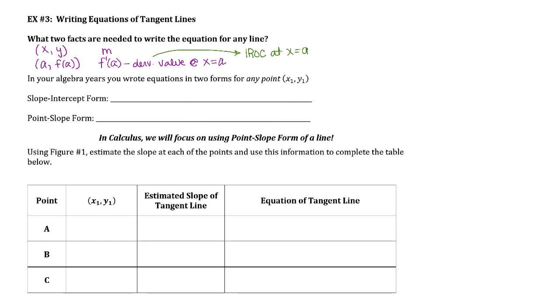Now let's look at the forms that we could possibly write our equation in. One form is going to be your traditional y equals mx plus b. And you don't see that used as much, but it could pop up. But the most used form is y equals our slope, but instead of m, I'm going to put f prime at a times x minus a.